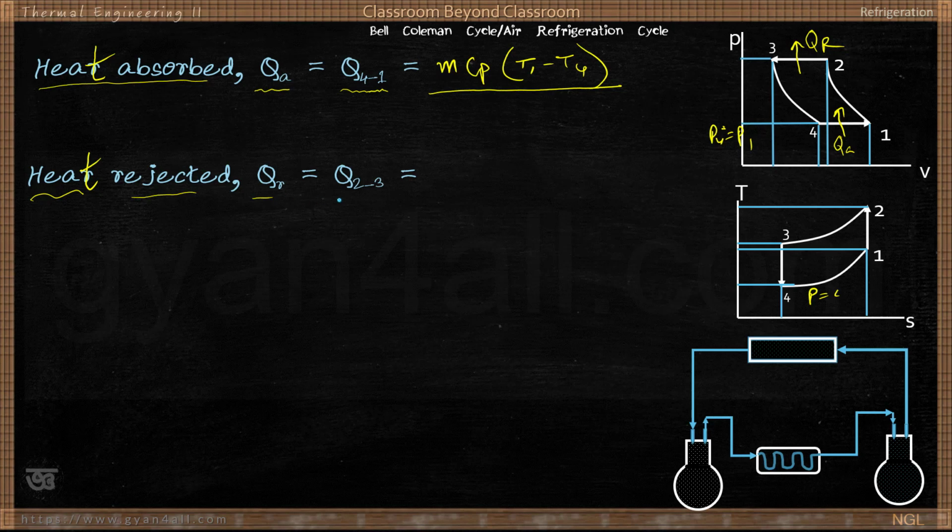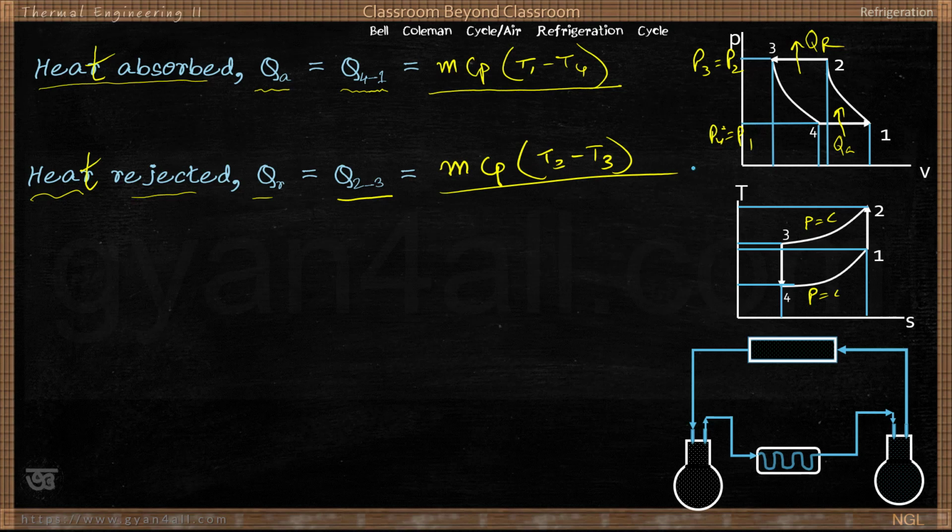QR equals, during the process 2-3, so it will be what? This is also a constant pressure process. P3 equal to P2. This is P equal to C. So it is again equal to M Cp times the temperature difference. How much? Higher temperature minus lower temperature, T2 minus T3.